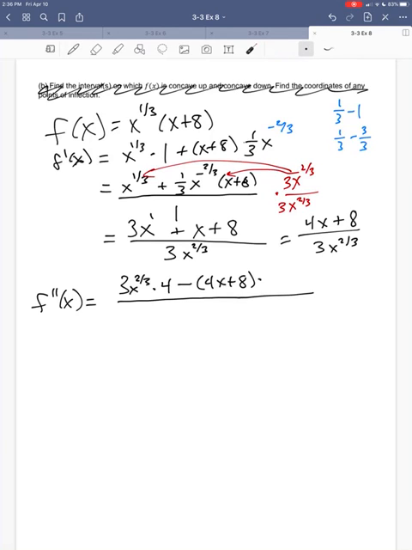Well, to do the derivative of the bottom, I'm going to have to bring this 2/3 down in front. So 2/3 times 3, and then I'm going to get x, and it's going to be 2/3 minus 1, so that'll be 2/3 minus 3/3, so that'll be negative 1/3. And then I get the bottom squared.